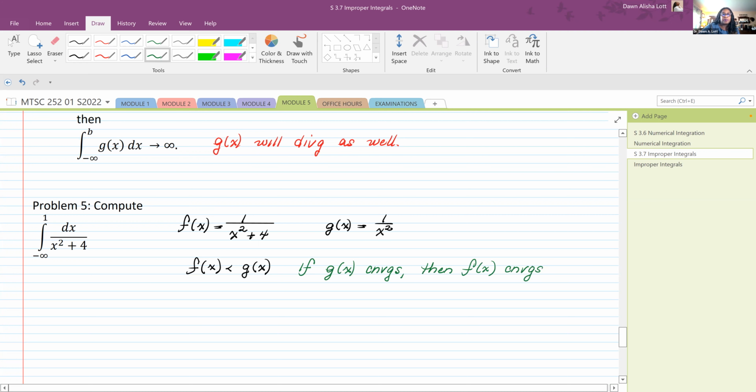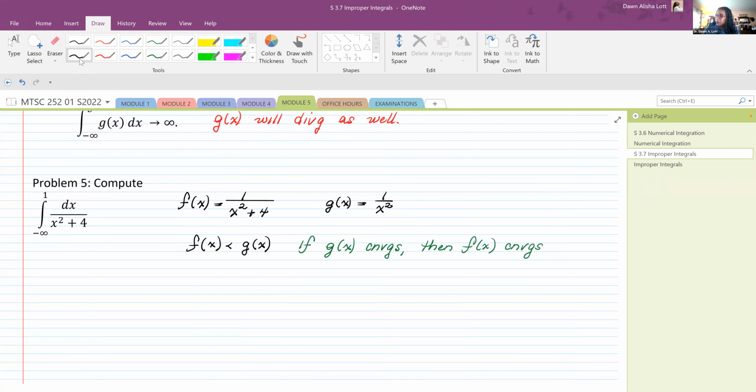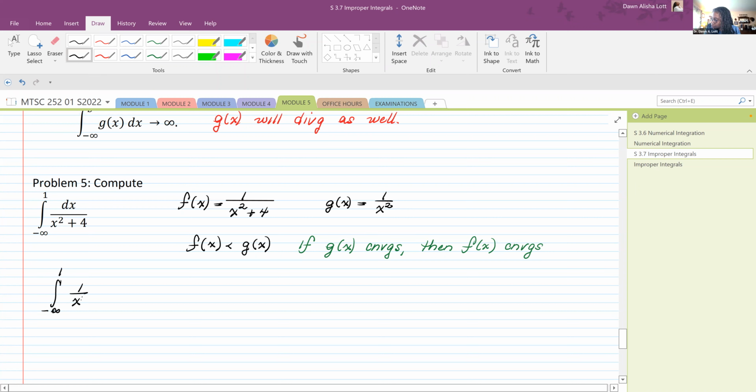Okay. All right, so let's look at g of x. So the integral from minus infinity to 1 of 1 over x squared dx is the limit as t approaches negative infinity of the integral from t to 1 of x to the negative 2 dx.